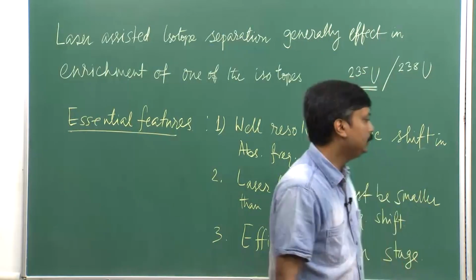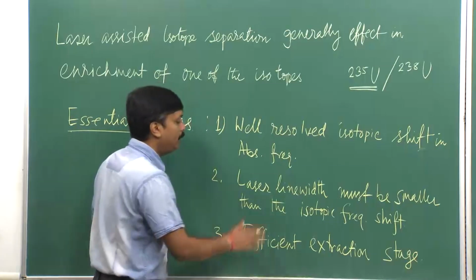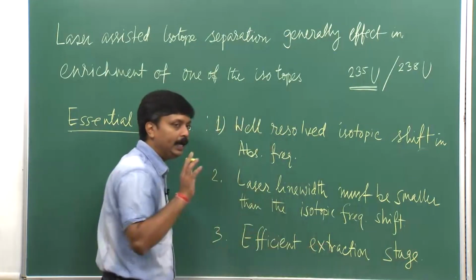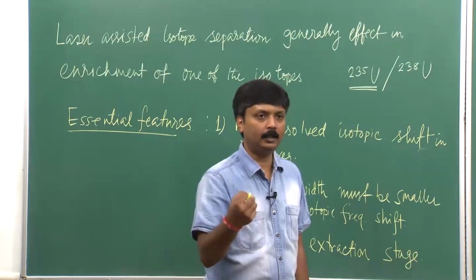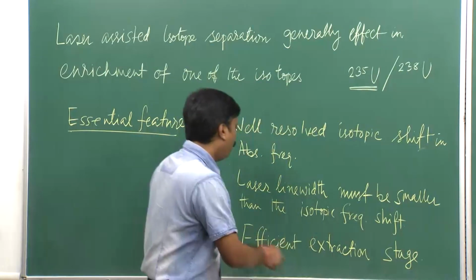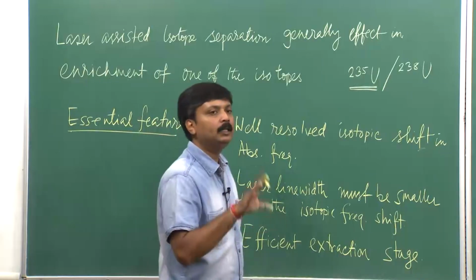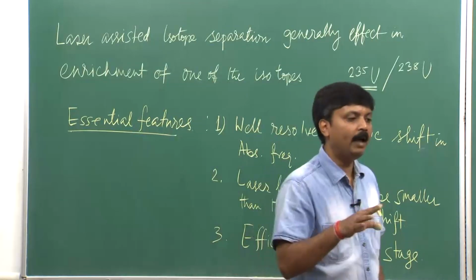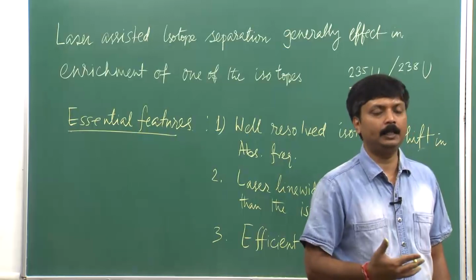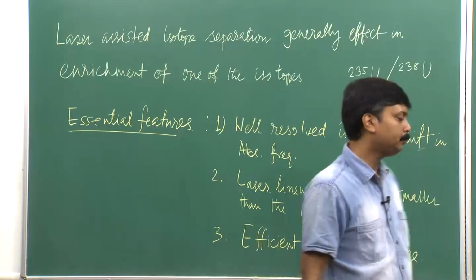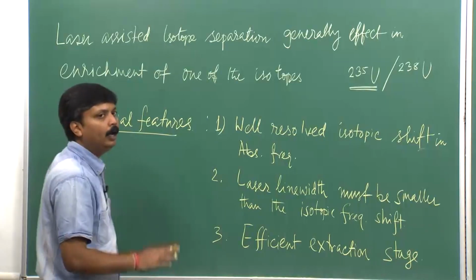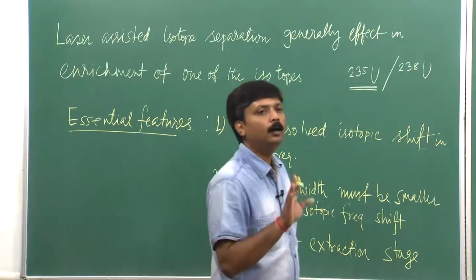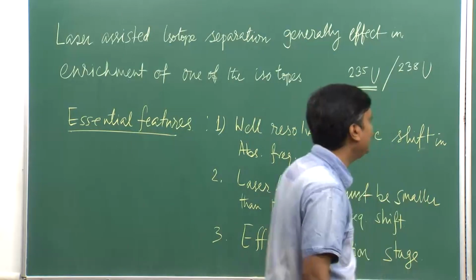Whatever it does, I must have a particular technique to then take out that particular separated isotope, and also I must have a very efficient technique to do that. Okay. So, if I have these three criteria fulfilled, I am ready to do the isotope separation using laser.